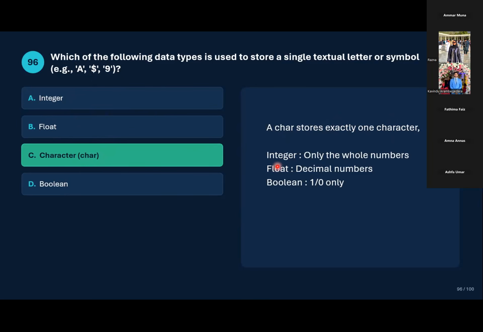Integer only stores whole numbers, and float stores numbers with decimals, so they can't store characters like capital A or the dollar mark. Boolean only stores ones and zeros, so it's also not the answer. So the answer here is C, character or char.